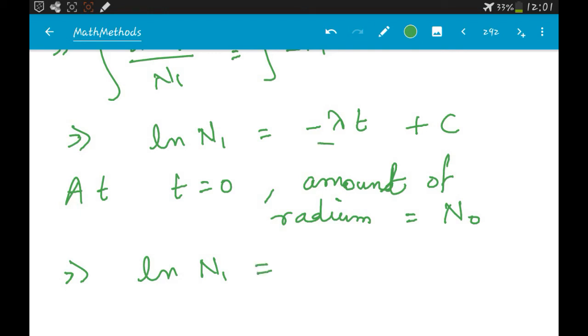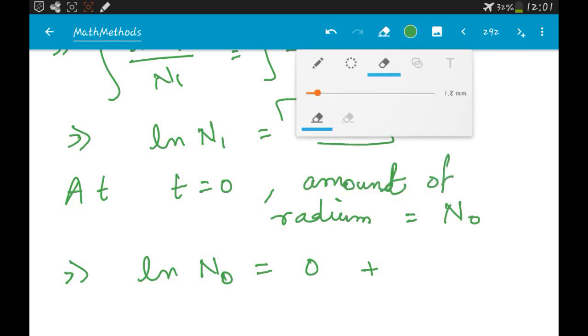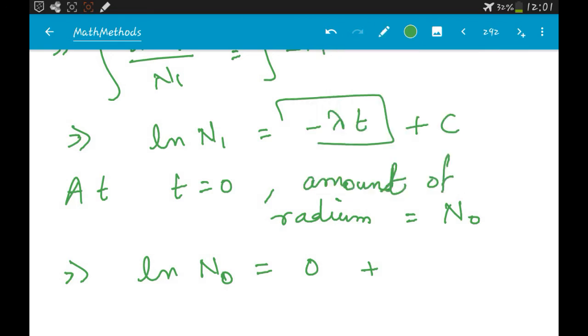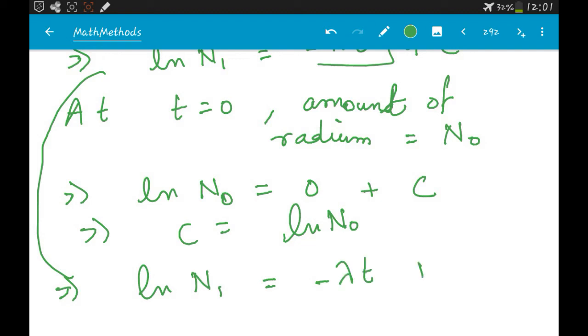Then if we substitute that, we'll get ln N1 is equal to, at t equal to 0, this will be 0 plus C. So ln N naught is 0 plus C, so C is nothing but ln N naught. From this equation we get ln N1 is equal to minus lambda t plus ln N naught.